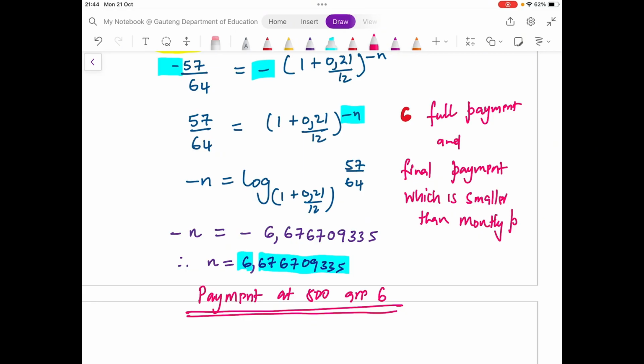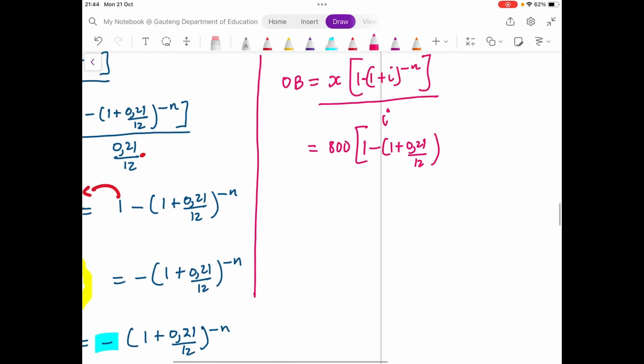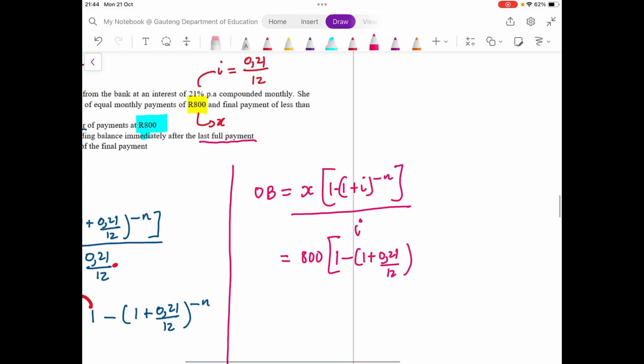And the last full payment is the 6th payment. So 6 payments have been made, so we are going to remove 6 from this. Now, if we remove 6 from that N, we will remain with negative 0.6767093335. So you must write the entire number.